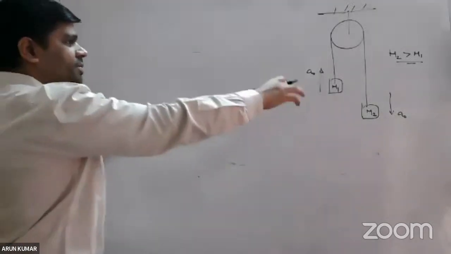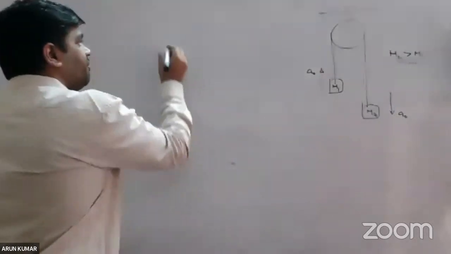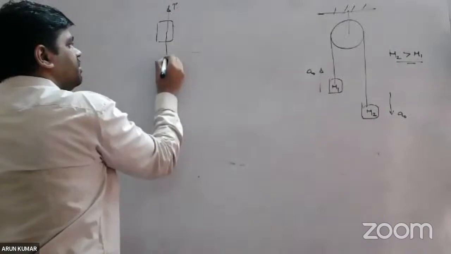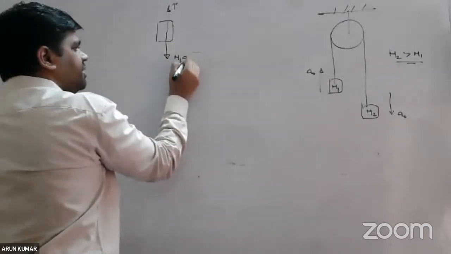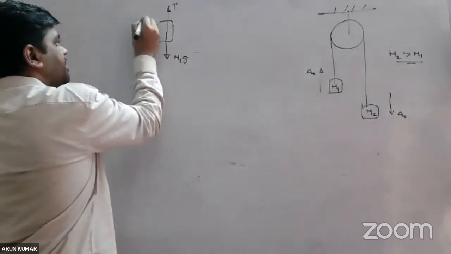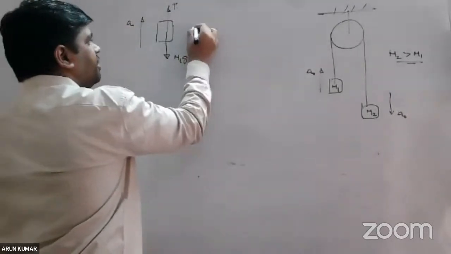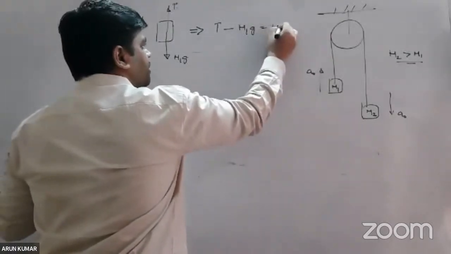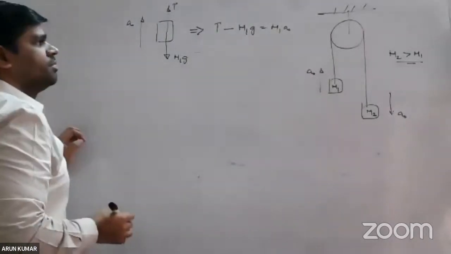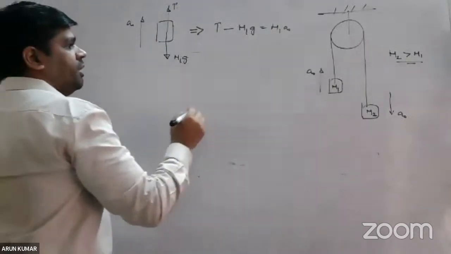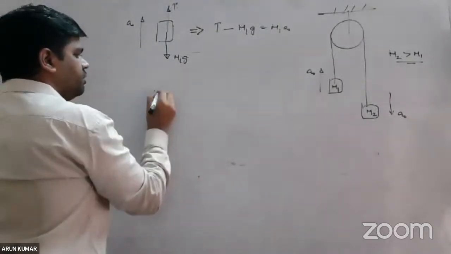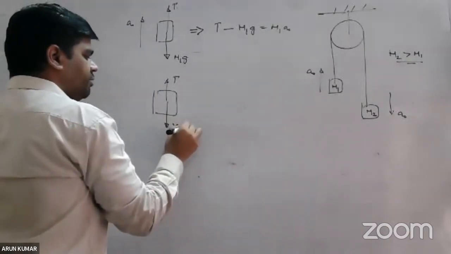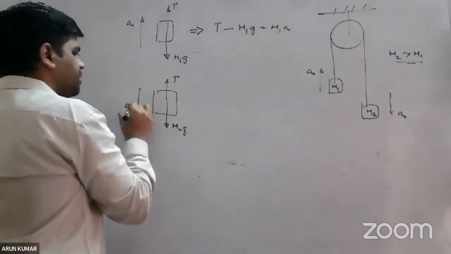Now, let's draw the FBD of the blocks. For M1, tension is upward and M1G is downward, and acceleration is upward. So I'll write T minus M1G is equal to M1 into acceleration. And for block M2, T is upward and M2G is downward, acceleration is downward.